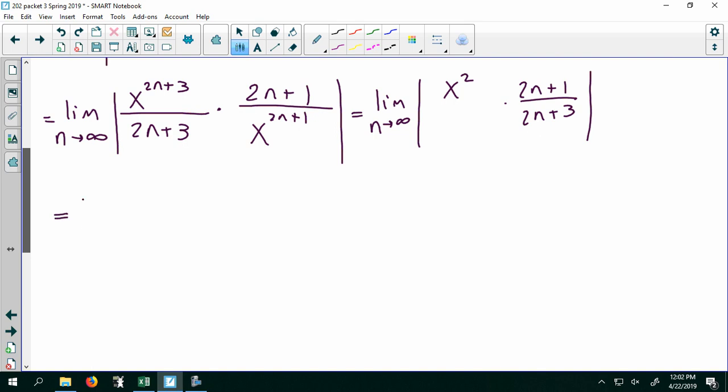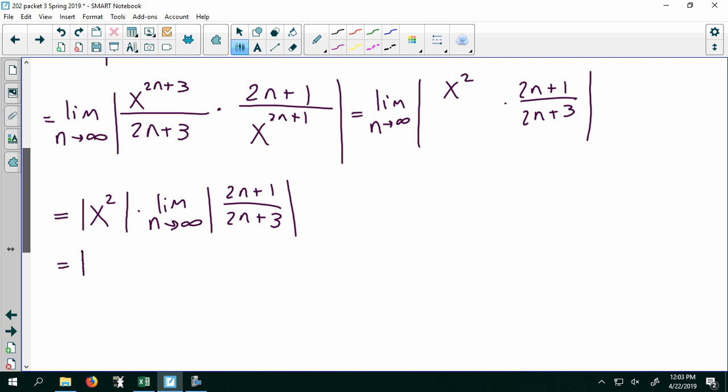So I'm going to take the absolute value of the x squared out of the limit and then just keep going with the limit as n goes to infinity of (2n+1) over (2n+3). And that limit is 1. So this just becomes the absolute value of x squared times 1.